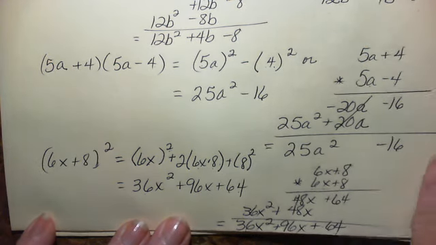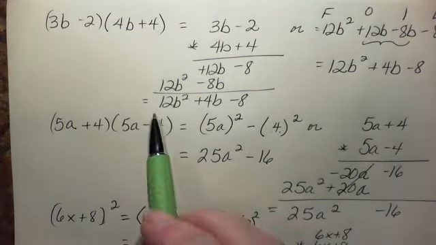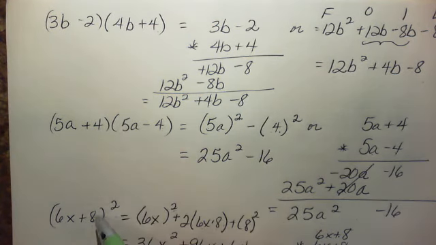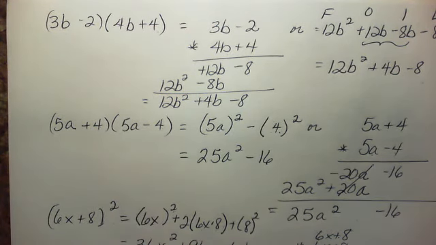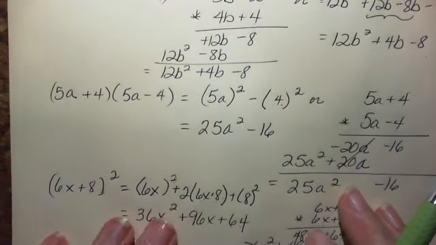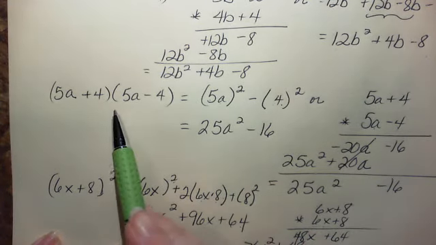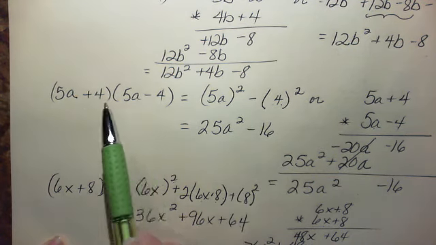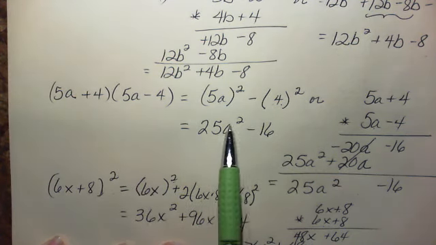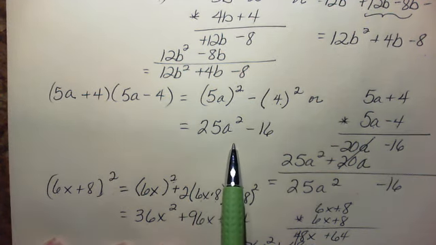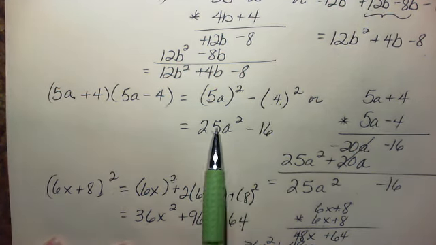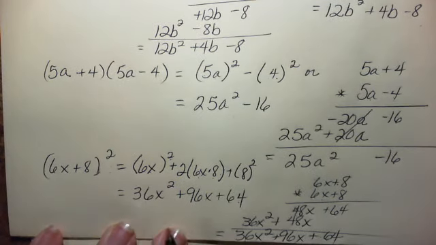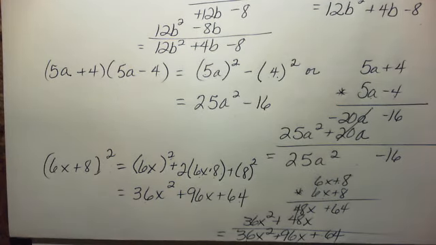Now the reason we really want to learn the patterns for multiplying, although we don't need them, we can multiply another way, is that when we get to chapter 7 we'll be factoring, and that means we'll be going backwards, from the result to the factored form. So if we remember the pattern going this direction, it will be much easier to recognize the pattern going in reverse. That's the motivation for learning those patterns.